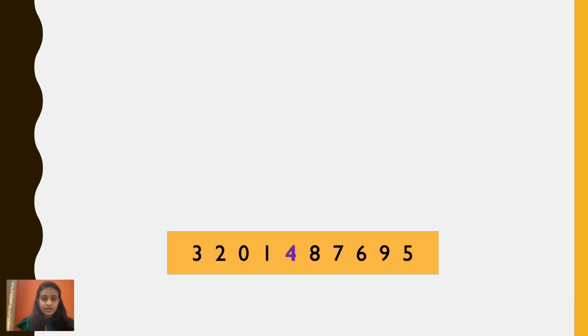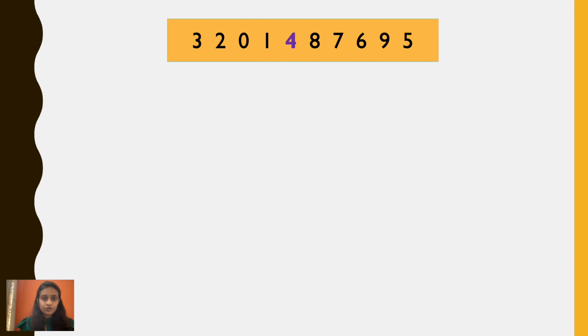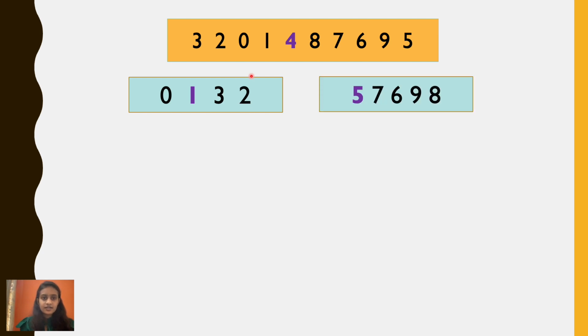Now let's continue the sorting process of 3, 2, 0, 1, 4, 8, 7, 6, 9, 5. Here 4 is the pivot element as said before. Elements less than 4 are on the left side of the screen, and elements greater than 4 are on the right side.